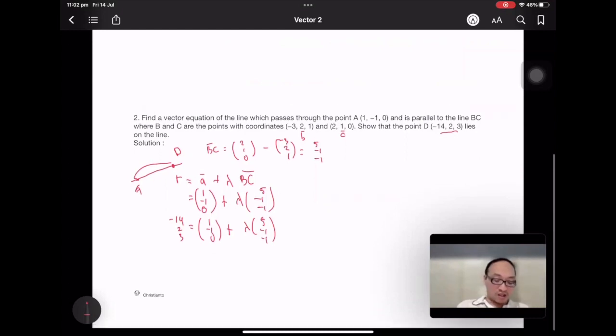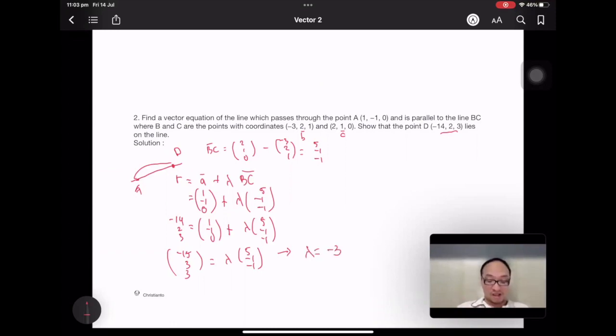I can simplify this into -15, 3, 3 equals lambda 5, -1, -1. Can we find the value of lambda? From here, I have lambda as -3. Because we have a single value of lambda, the point D satisfies this equation. So point D lies on the line.